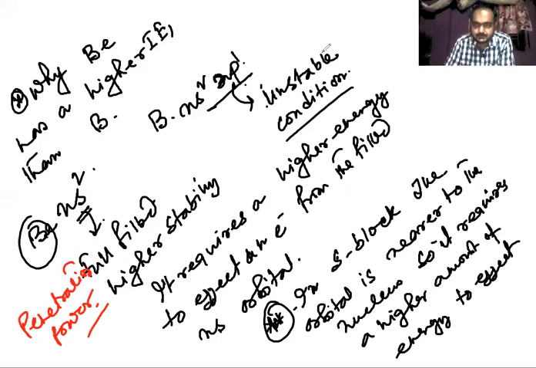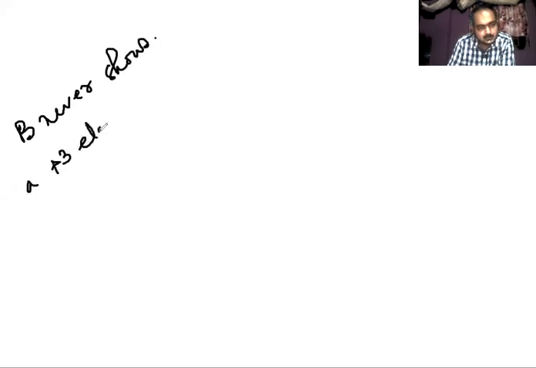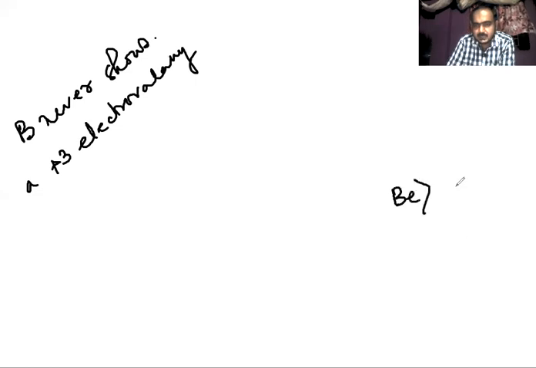Now you see here, boron never shows a +3 electrovalency. Not only is it true that beryllium has a greater ionization energy than boron. This is true, number one.